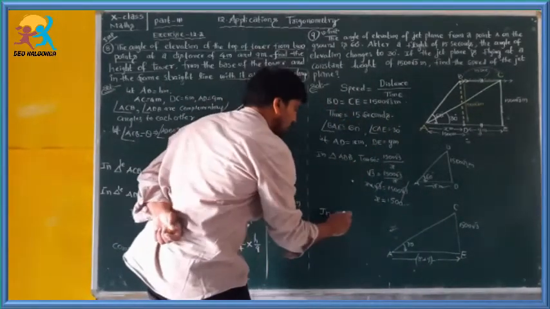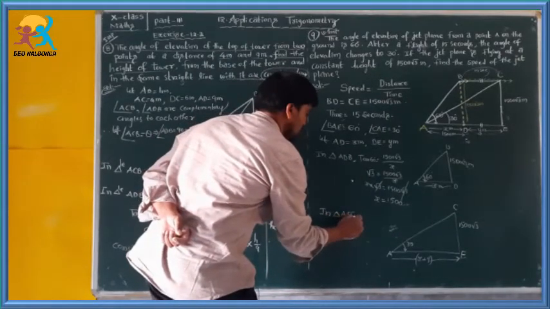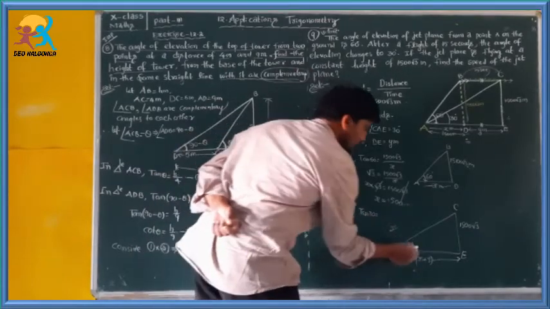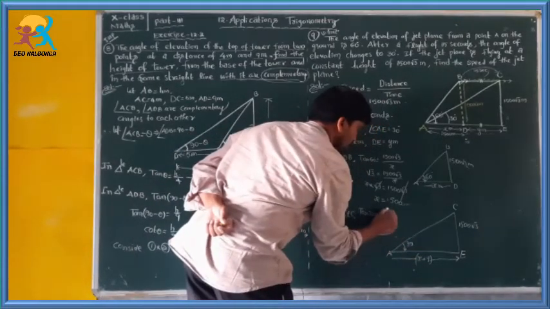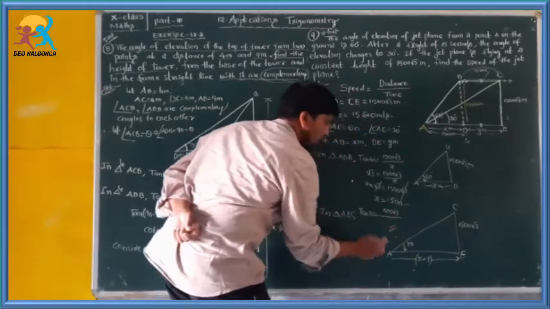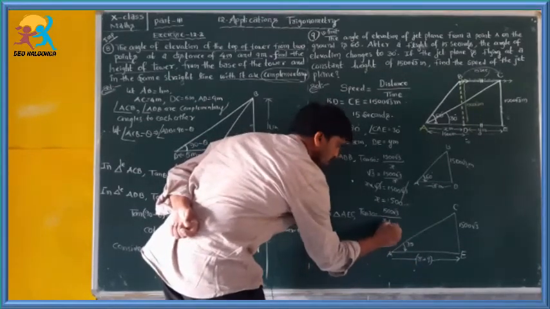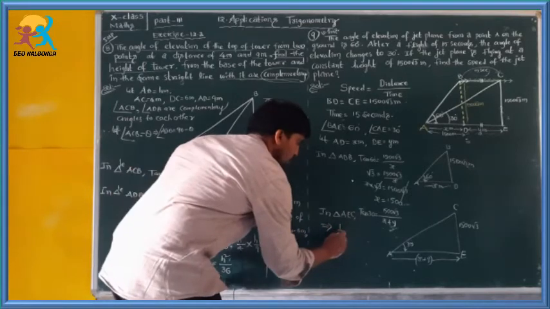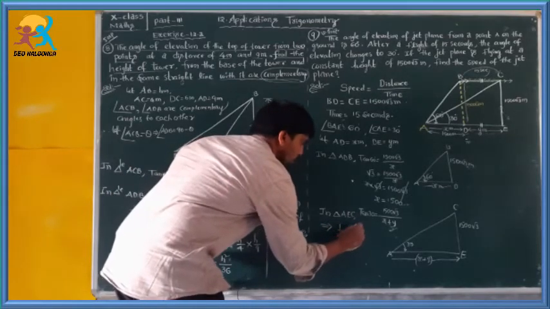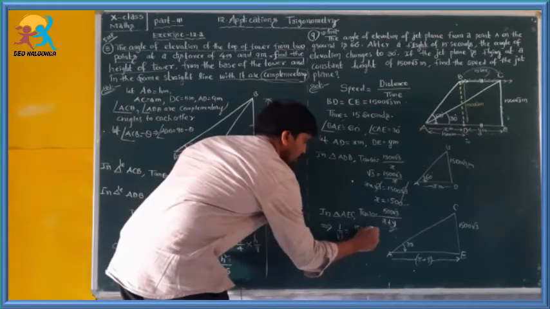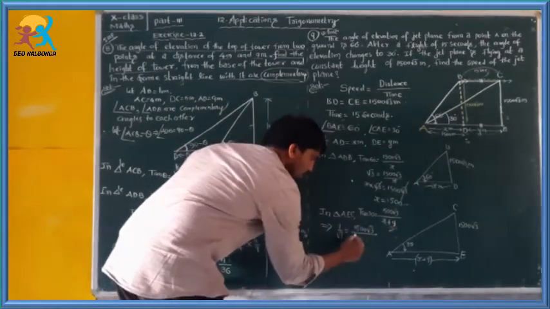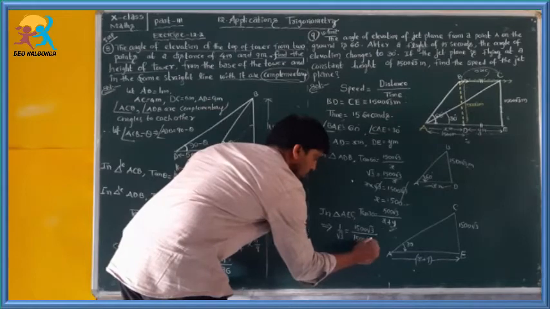In triangle AEC, tan 30 is opposite to 30 degrees, 1500 root 3, by adjacent to 30 degrees, x plus y. Thus, tan 30 is 1 by root 3 equal to 1500 root 3 by x plus y. What is the x value? 1500. Substitute the value of x: 1500 plus y.